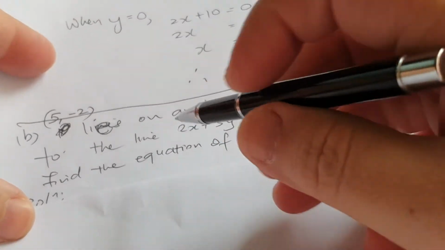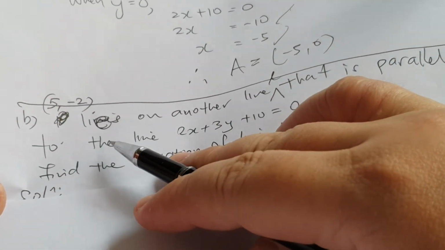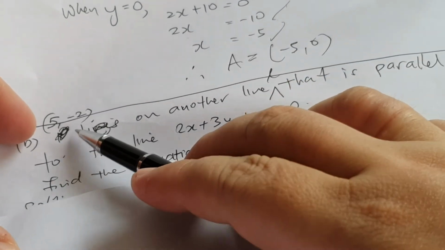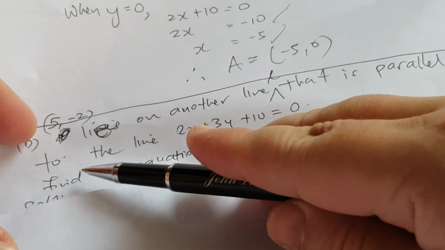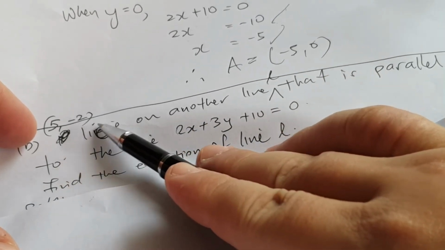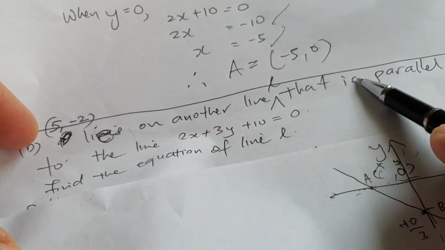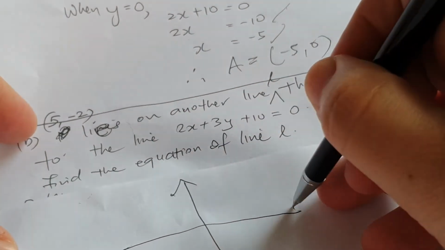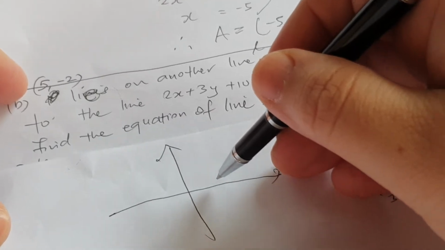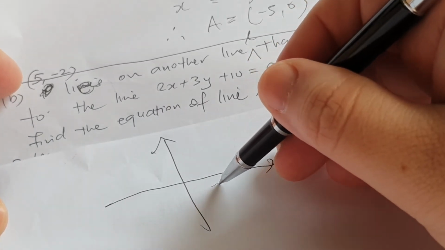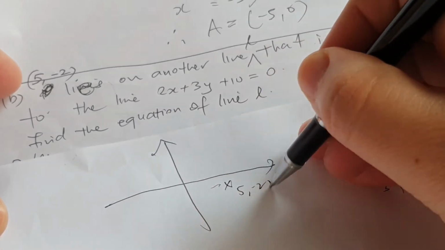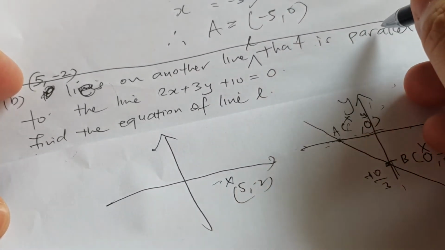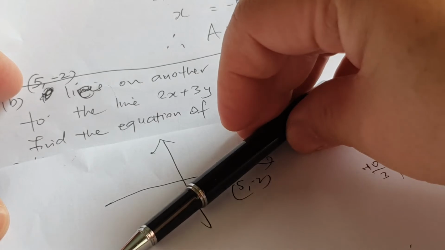Now, let's read the question. Many people tend to not know what it's talking about. If you don't know what it's talking about, you do a rough sketch. 5, minus 2 lies on another line L. And I don't know whether this line is like that or like that or like that.